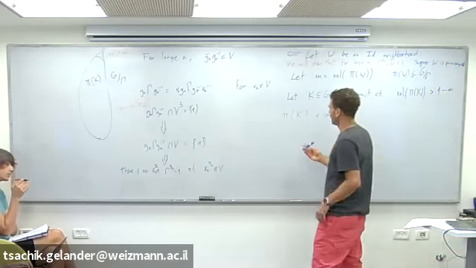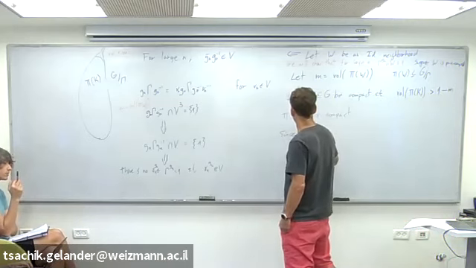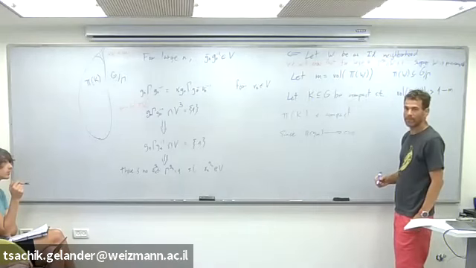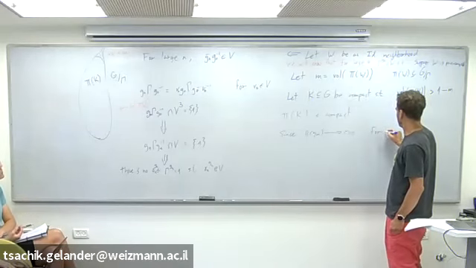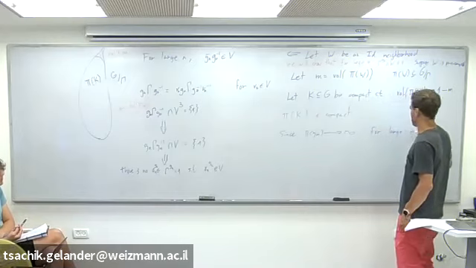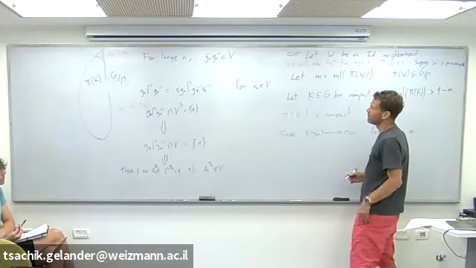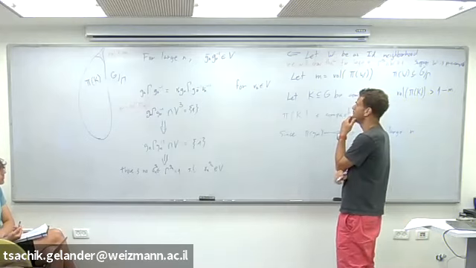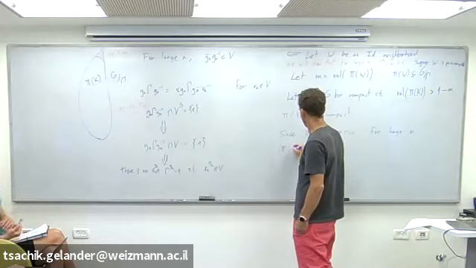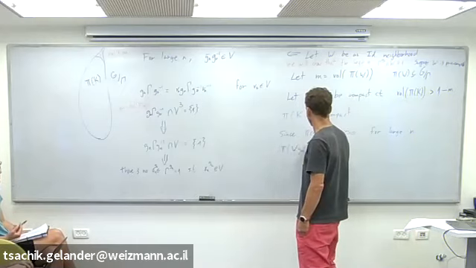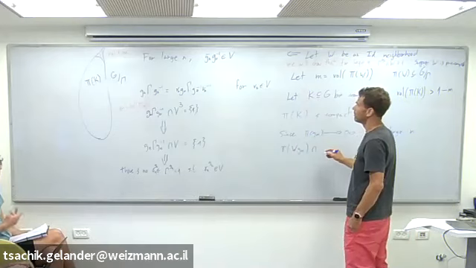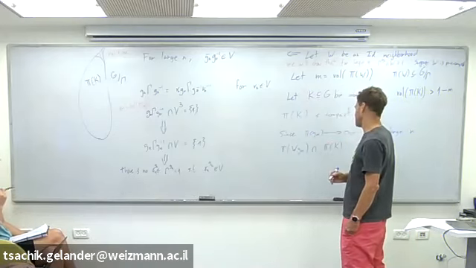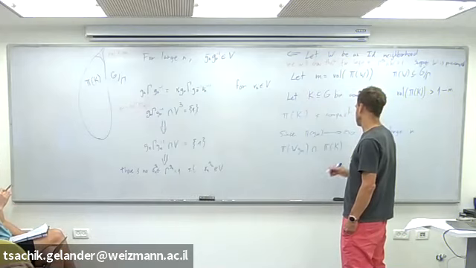So, since Gn is assumed to go to infinity, for large n, we have, I need to write it properly, that pi of W Gn intersect pi of K is not empty.